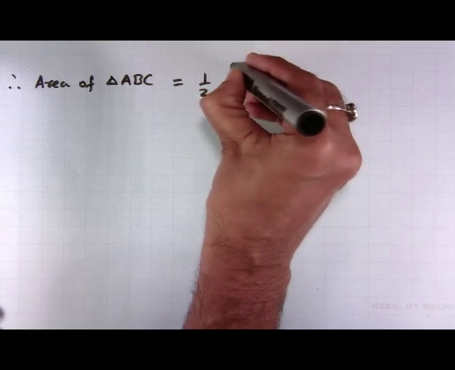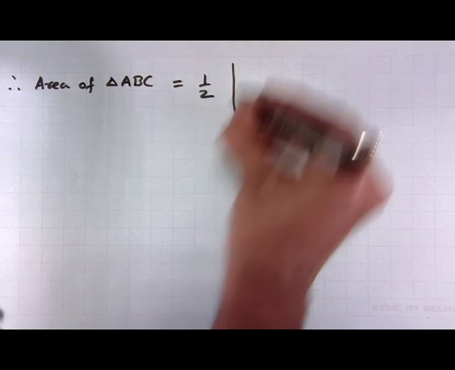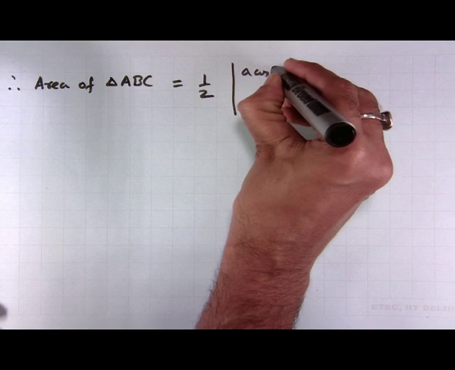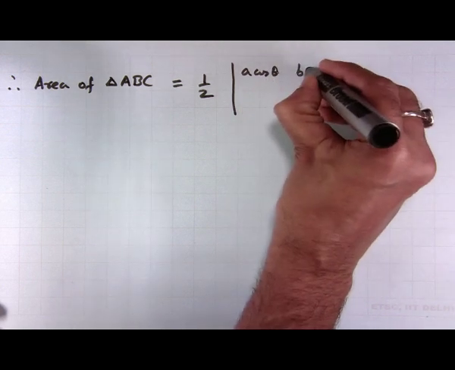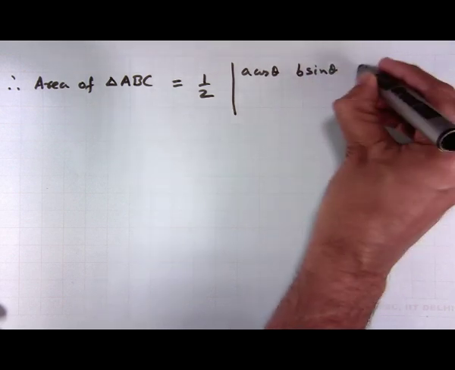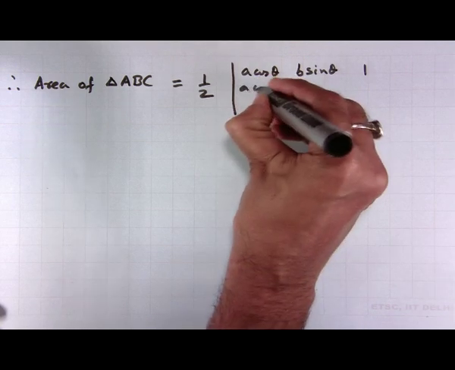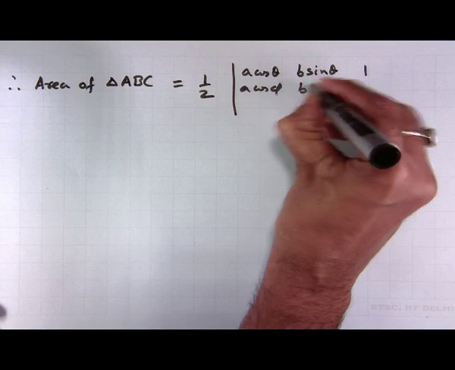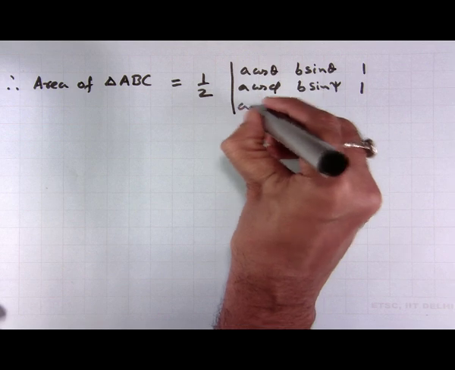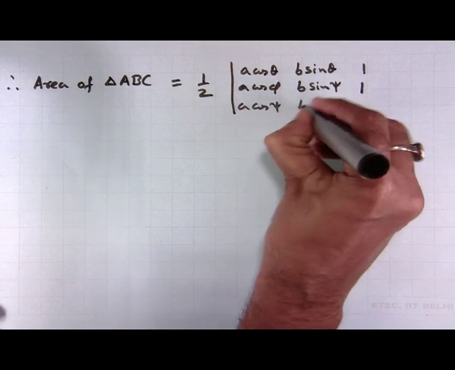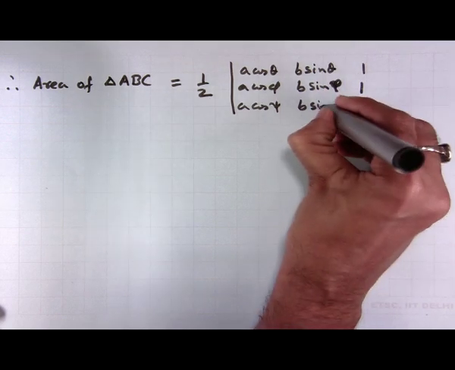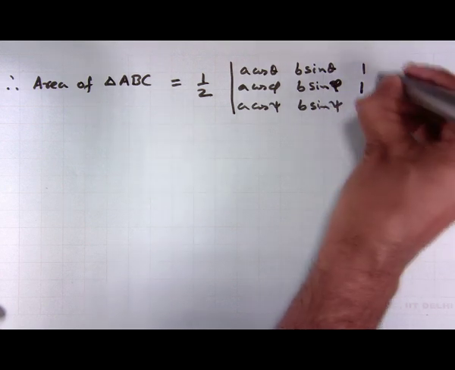we look at the determinant of x 1 is A cos theta, y 1 is B sin theta, 1, A cos phi, B sin phi, 1 and A cos psi, B sin psi, 1.